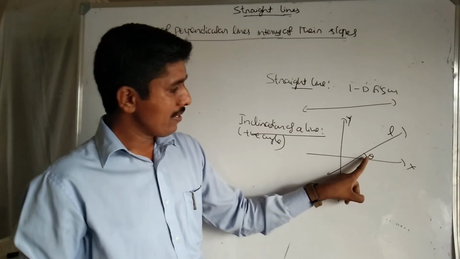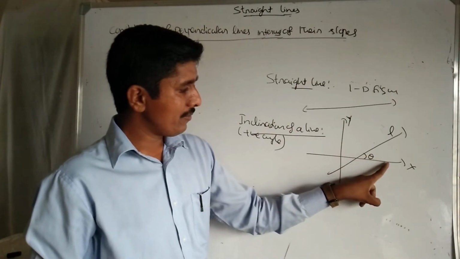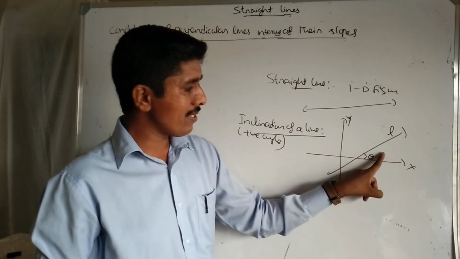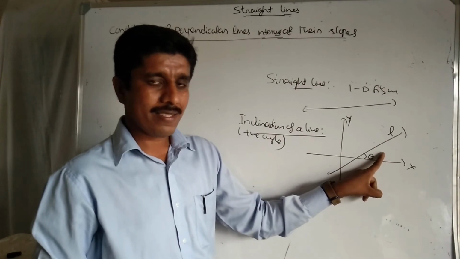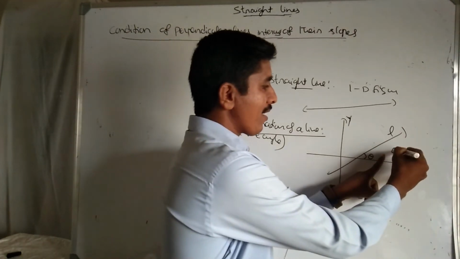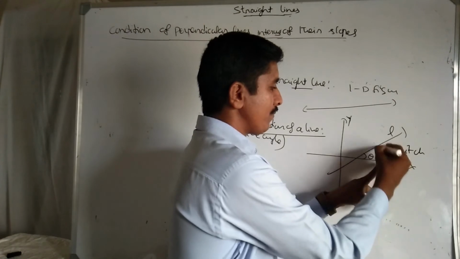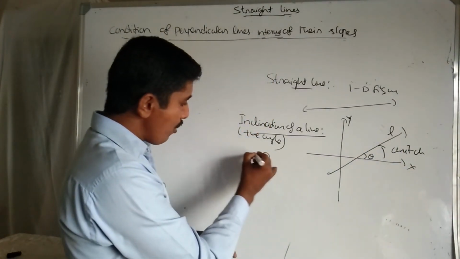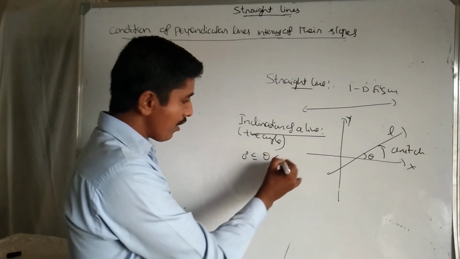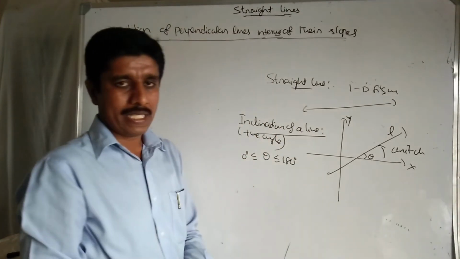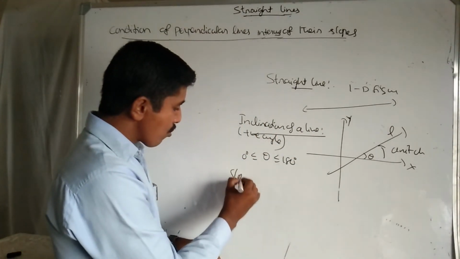This angle is measured with the positive direction of the x-axis, along the anti-clockwise direction. And the theta value varies from 0 degrees to 90 degrees. Next, slope of a line.